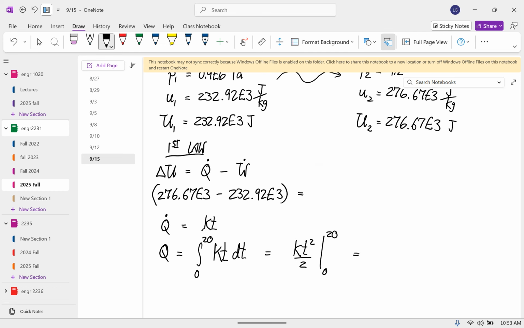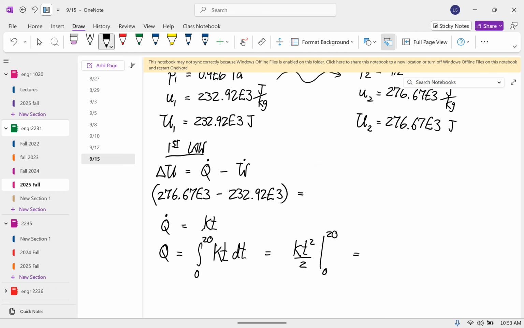And then the work is at a constant rate, so we don't have to do that as an integral. We can just think of that as 0.1 times 10 to the third, that's in kilowatts, so that's joules per second. So we do have to think of that in seconds. So how many seconds in 20 minutes? 20 times 60, so 1200.